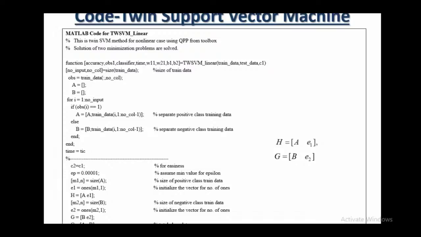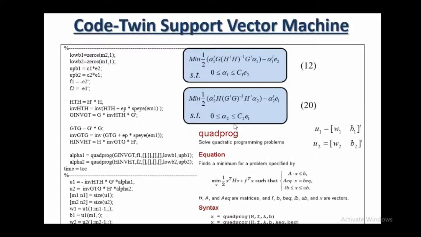So here, if we relate these things, this 1/2 is nothing but X transpose. Okay, this is your H. And this is again your alpha 1, you can assume that is your X plus F transpose X. So this is E2 transpose alpha 1.